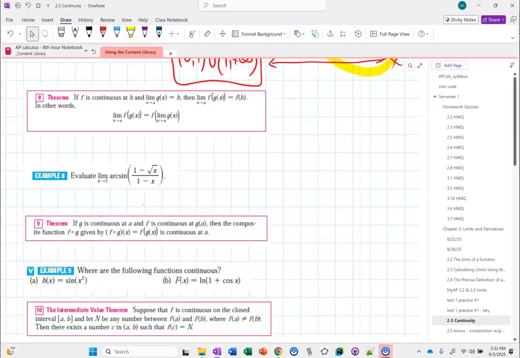It says if f is continuous at b, and the limit as x approaches a of g of x is equal to b, then the limit of f of g of x is equal to f of b. In other words, as long as those domains match up, I can push the limit inside of the function.